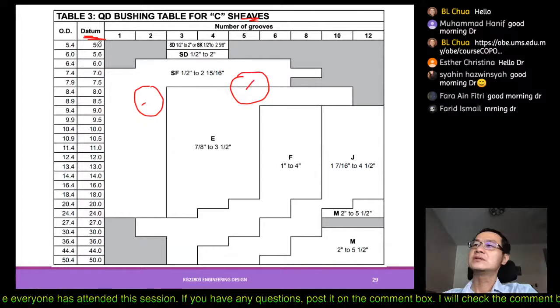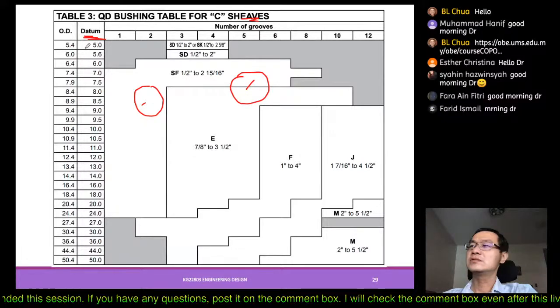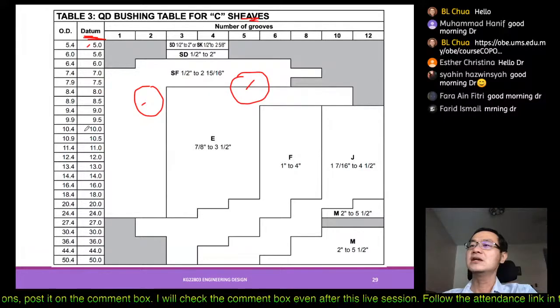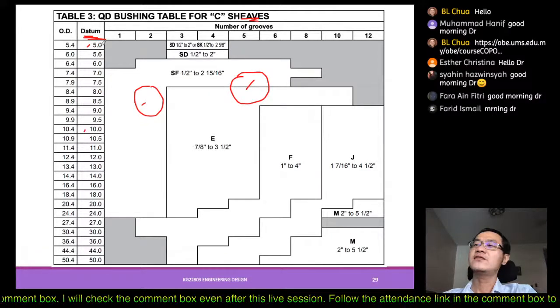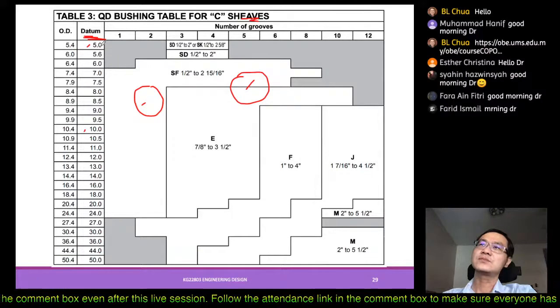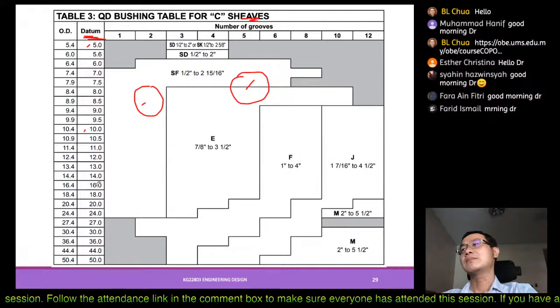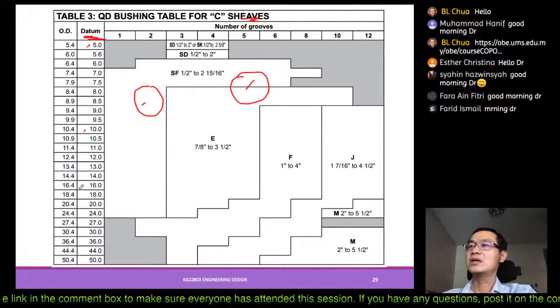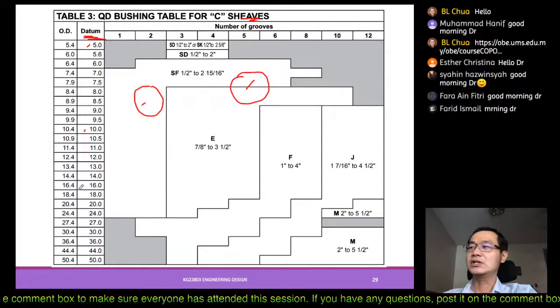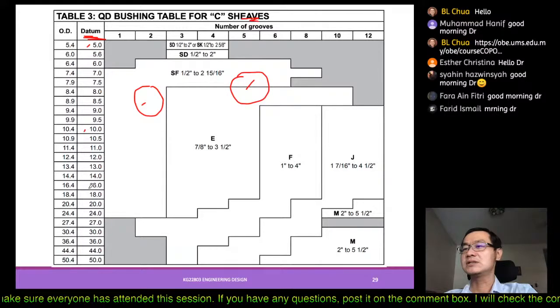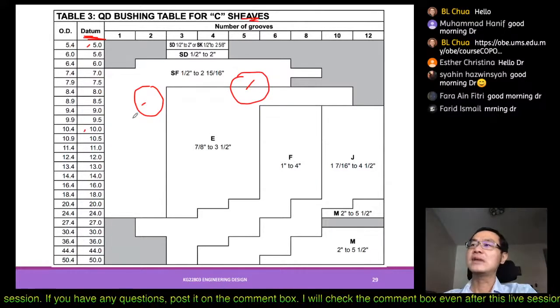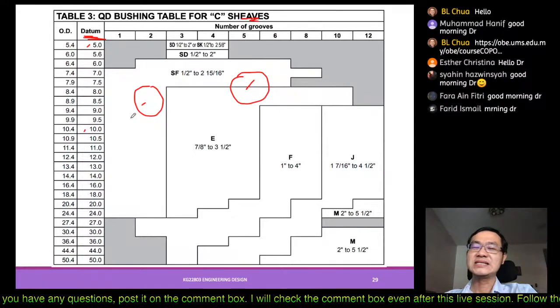This is what I told you previously. You just find the combination. If we select 10 and 5, the ratio is 2, so you reduce the speed by half, or maybe increase the speed by 2. I'm not sure which way you are going to use, which one is the driving and so on. So you have to find the combination to match your desired speed reduction.